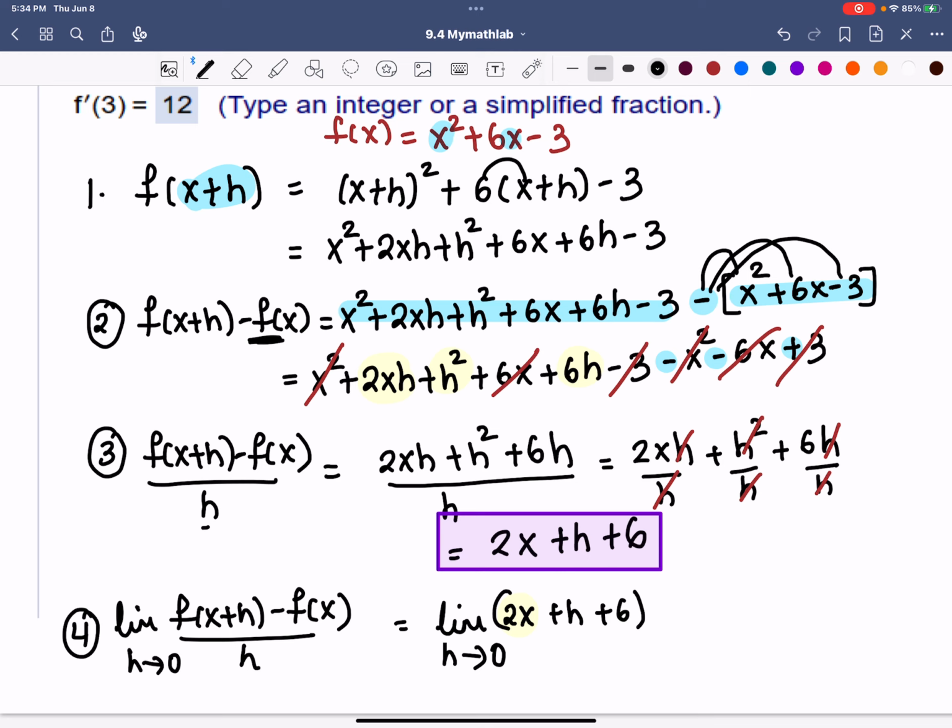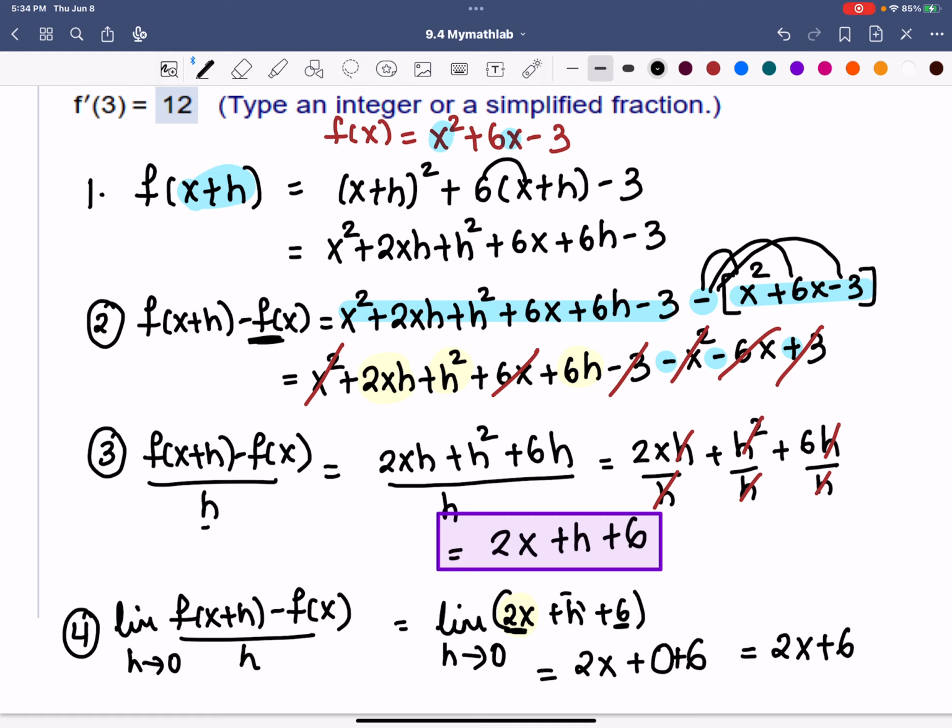So 2x is nothing but 2x. Limit h goes to 0 of h is 0. And this is a constant. Limit of 6 when h goes to 0 is 6. So finally, I end up with 2x plus 6.